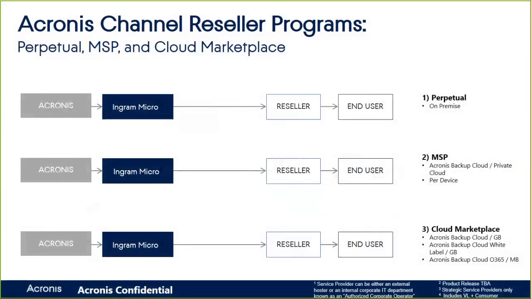Each of them has its major pros and cons. The cloud marketplace has the ability to transact a couple of gigs if you need, for a customer just backing up a small amount of data, whereas the MSP one is designed for larger scale deployments with commitment values and discounted tiers. And the perpetual is for customers that you don't manage or don't want to have transactional relationships with.